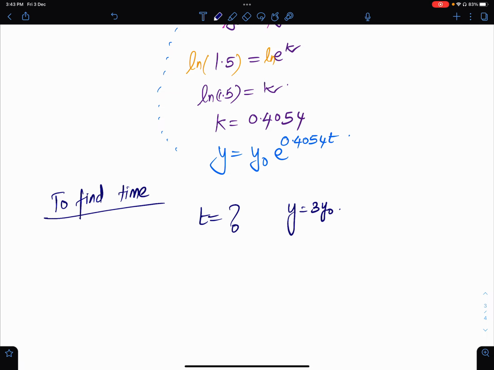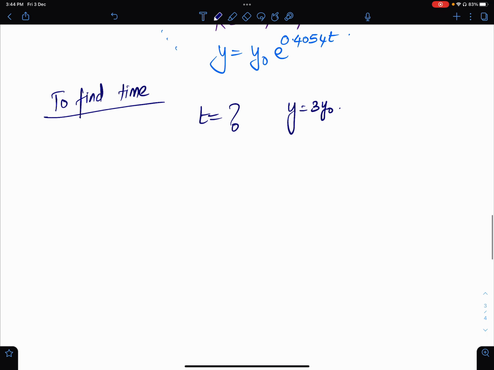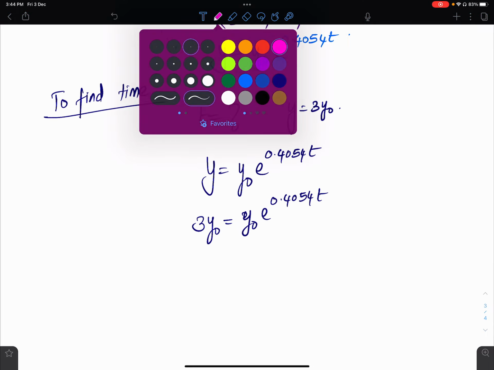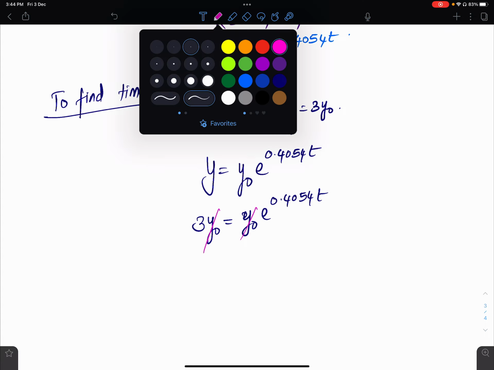Just put the value there like what we did before, simplify and find t. See here, y is equal to y naught e power 0.4054t. As per the above line, y equals 3y naught. So 3y naught equals y naught e power 0.4054t. So y naught can be cancelled.